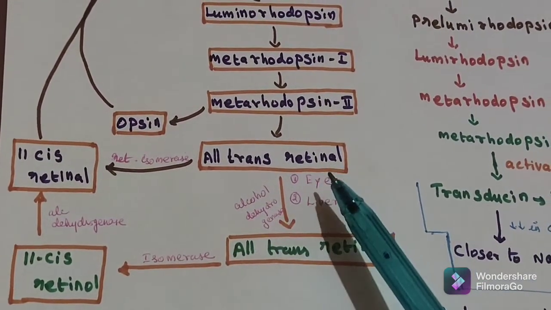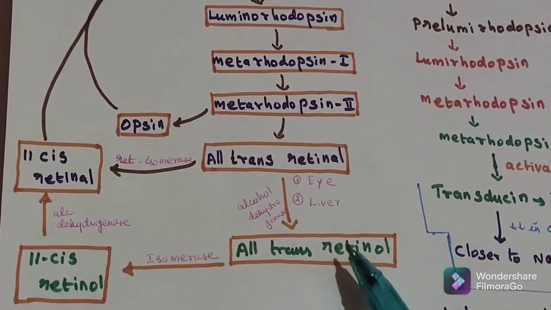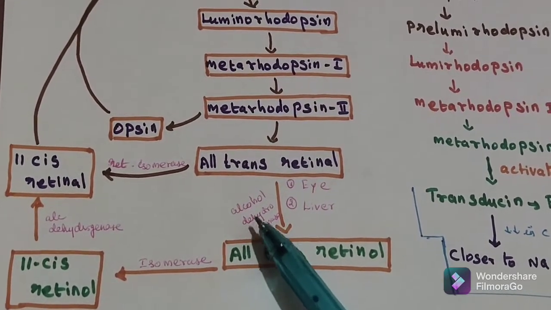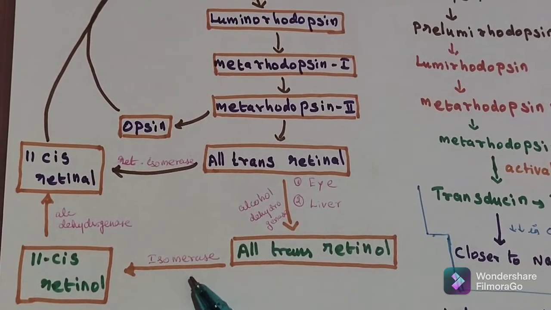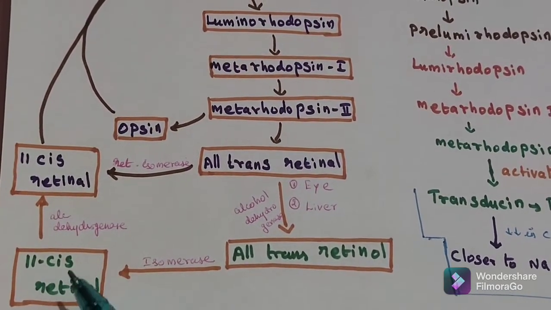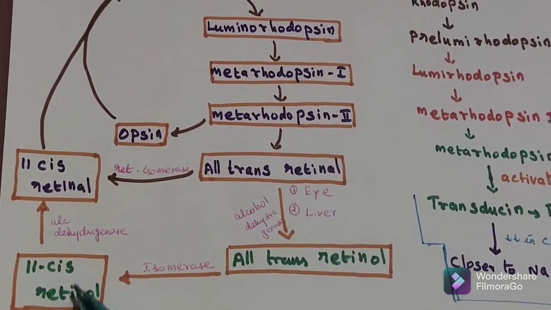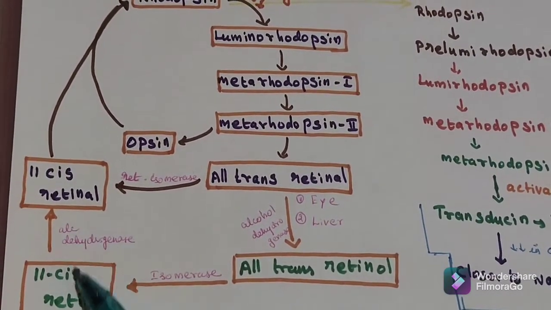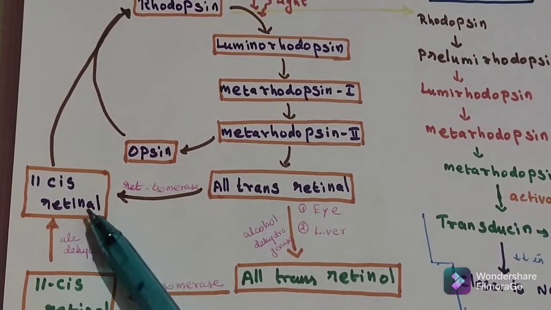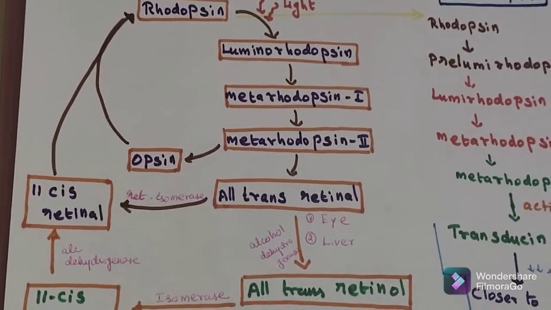With the help of alcohol dehydrogenase it is converted into 11-cis retinal.